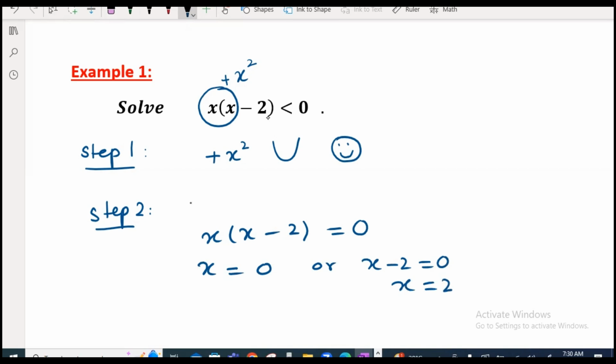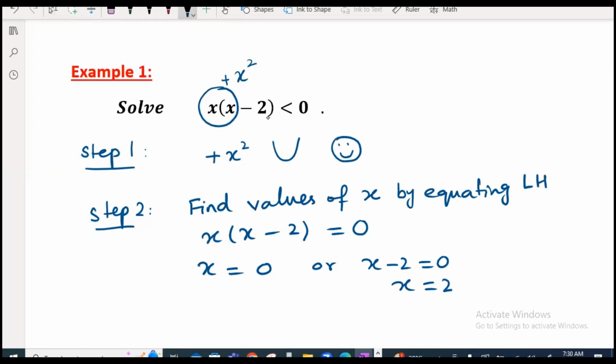So step number 2 is find values of x by equating left hand side with 0. So we have two values, x equal to 0 and x equals to 2.